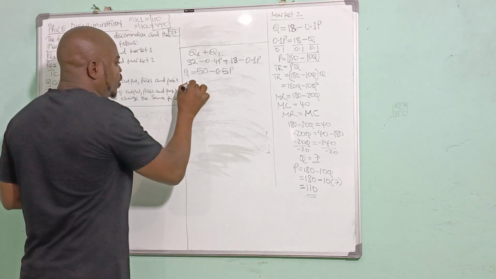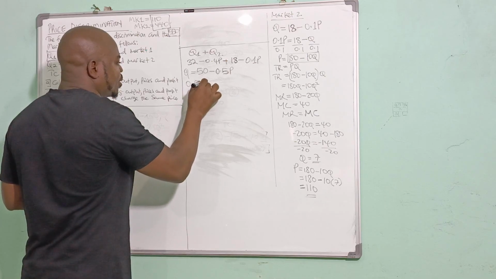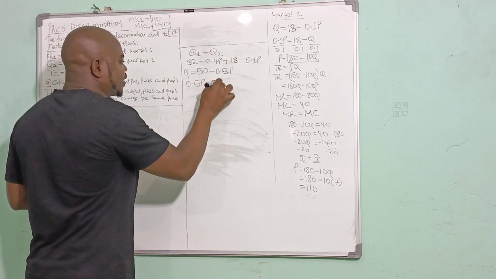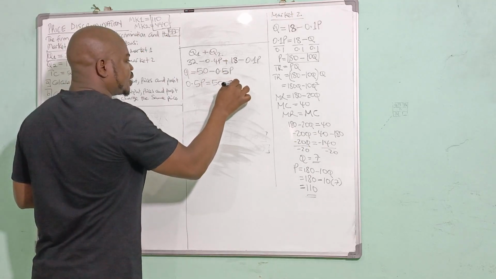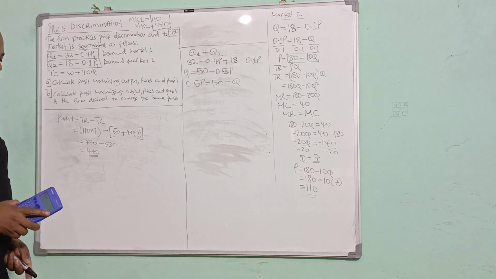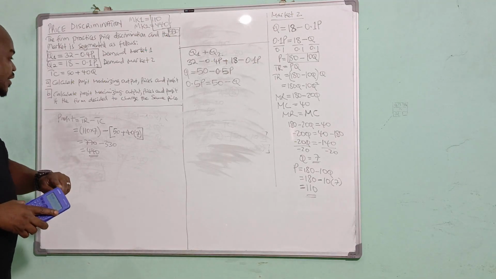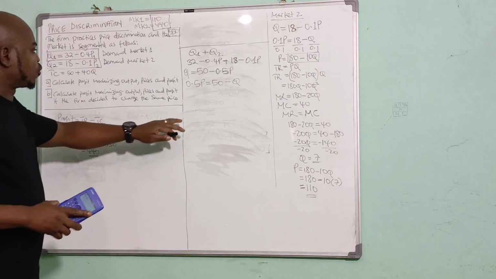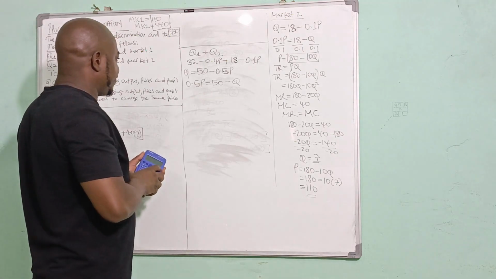So here I have 0.5p is equal to 50 minus Q. Now we are going to divide both sides by 0.5.